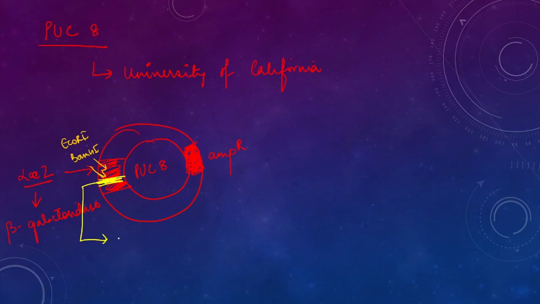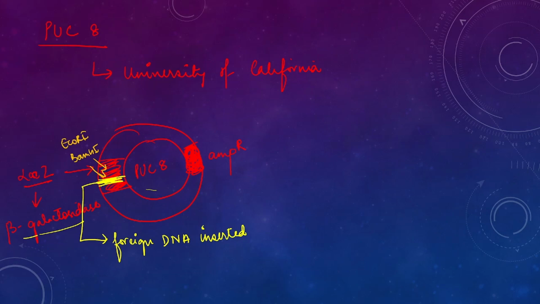This is foreign DNA inserted, right? What happened after the foreign DNA was inserted? Initially the lacZ gene was producing beta-galactosidase, which was active. Now once I introduced a foreign DNA, the lacZ gene got disturbed. When I inserted the foreign DNA, the lacZ gene got disturbed and the function of the lacZ gene is inactivated.